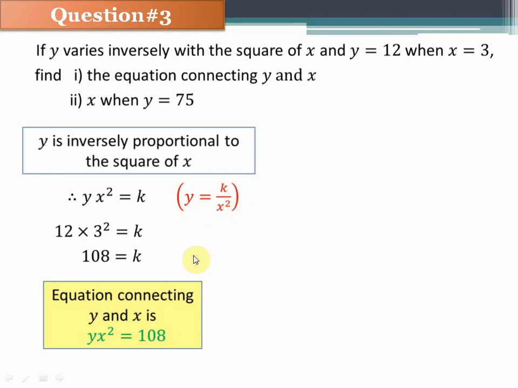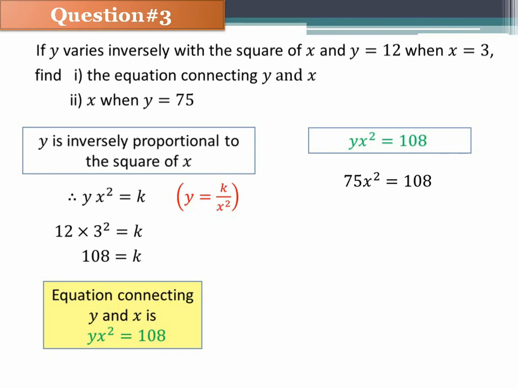There is no difference between these equations, just the representation is different. This is the simplest form. Either you use this one or that one, it is up to you. We just need the correct answer. Mathematics needs the correct answer only. So we use y x square is equal to 108.